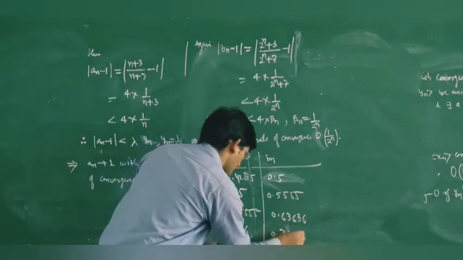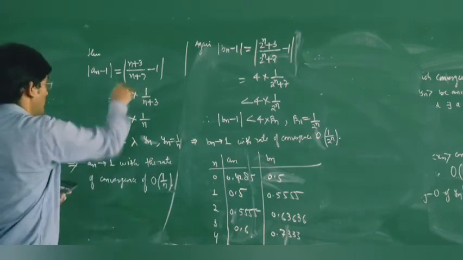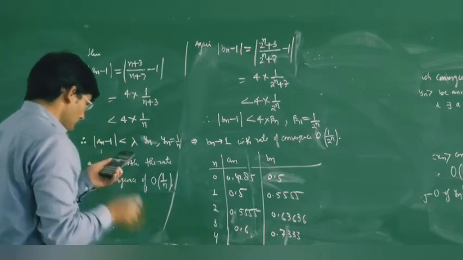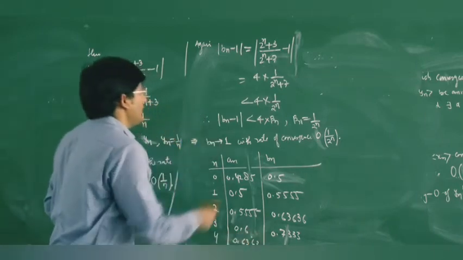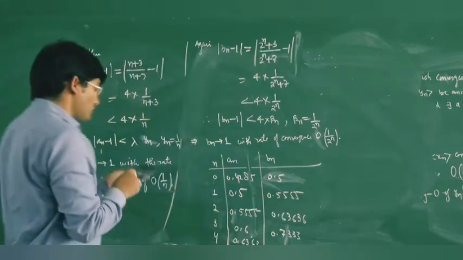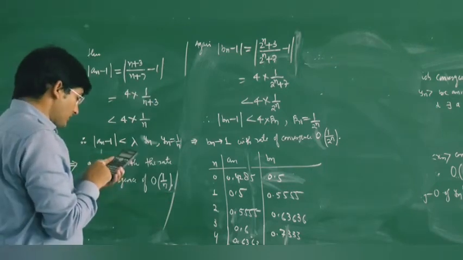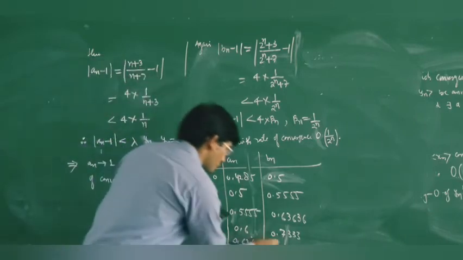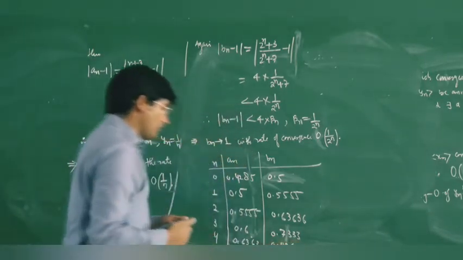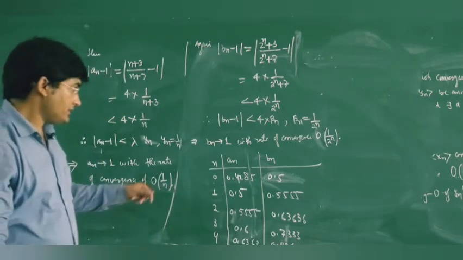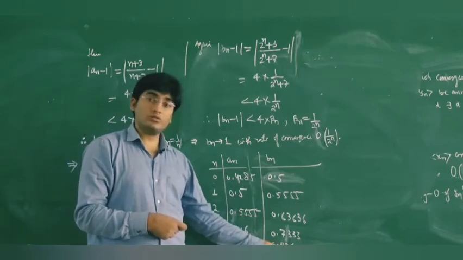And at n equal to 4, this is your 7 upon 11, so this is your 0.6363, and if you put n equal to 4 here, then this is your 16 plus 3, 19 divided by 16 plus 7, so this is your 0.8260. Now here you can see that this sequence is converging very fast towards this one.